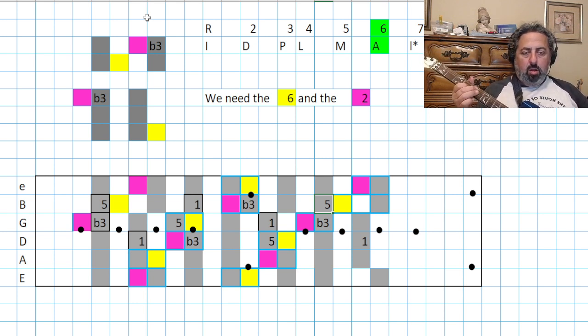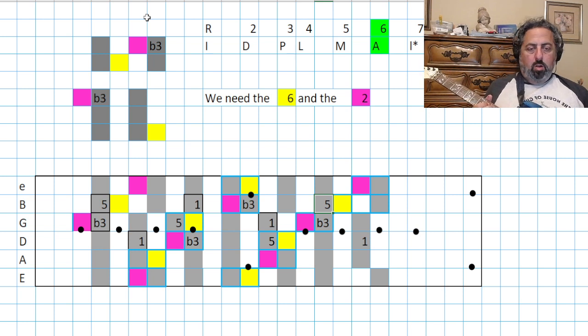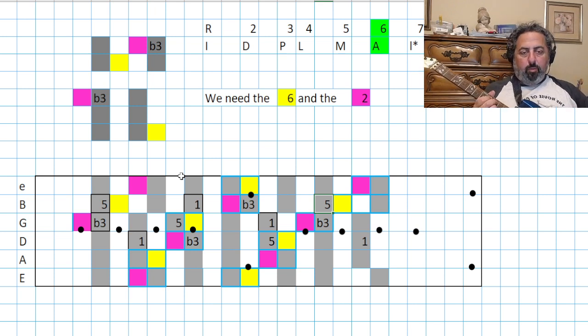So if I go up here, here's my third. I'm right here. And my 5 is going to have the yellow note. So my third has the purple note behind it. 5. And the 1 will get to the purple note, which leads me to a third.